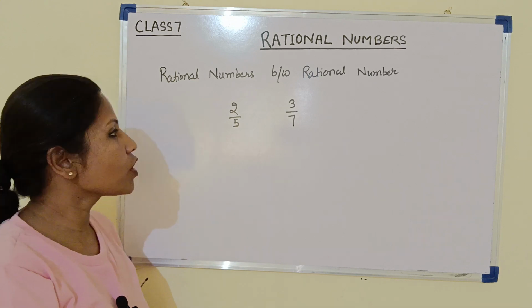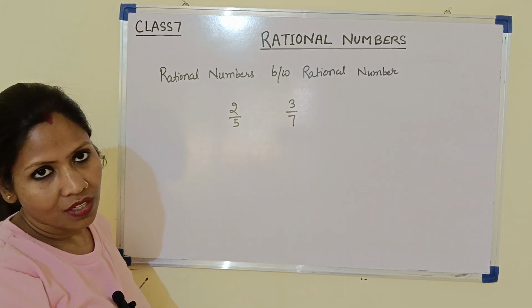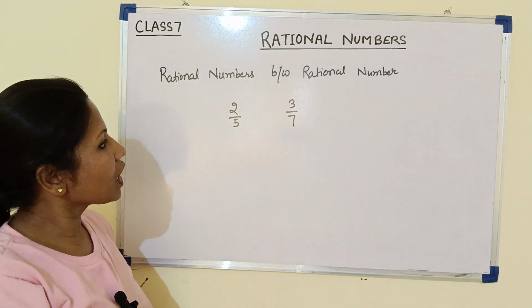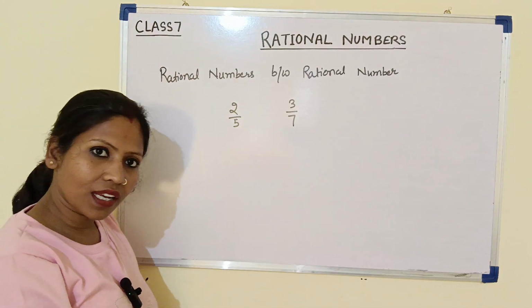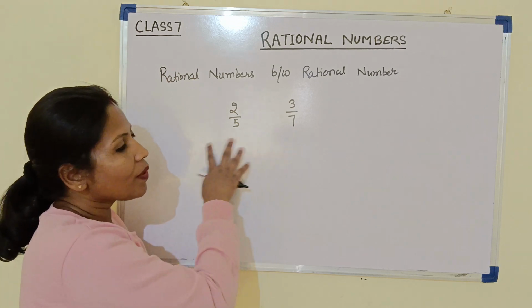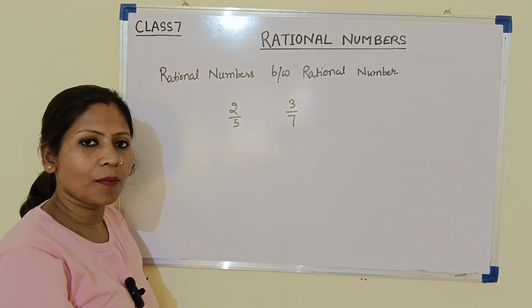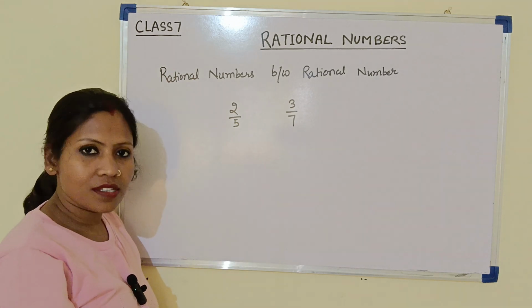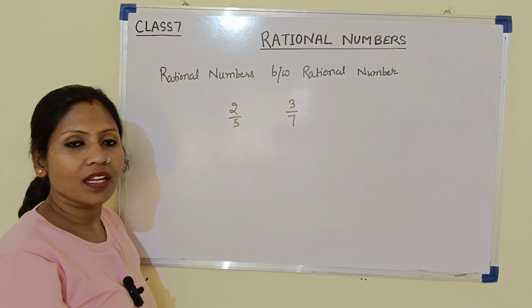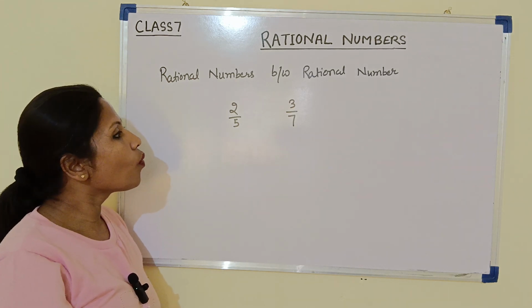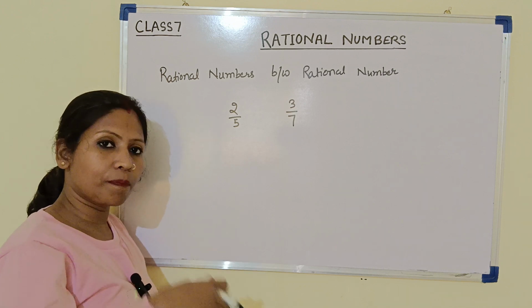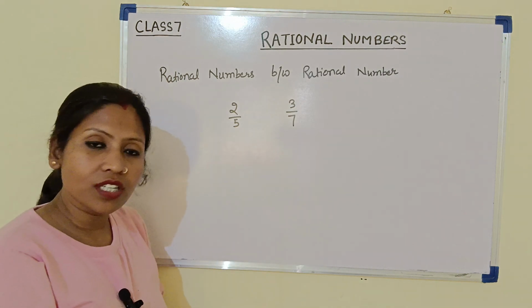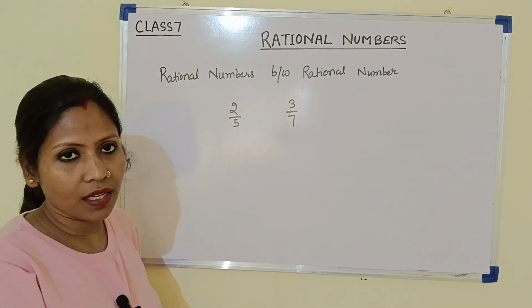We can make equivalent fractions also, but we have to take care that the denominator should be the same. Make it so that the denominator is the same, then you can write easily. What we can do here is take the LCM, the same rule I told you for fraction addition and comparison.